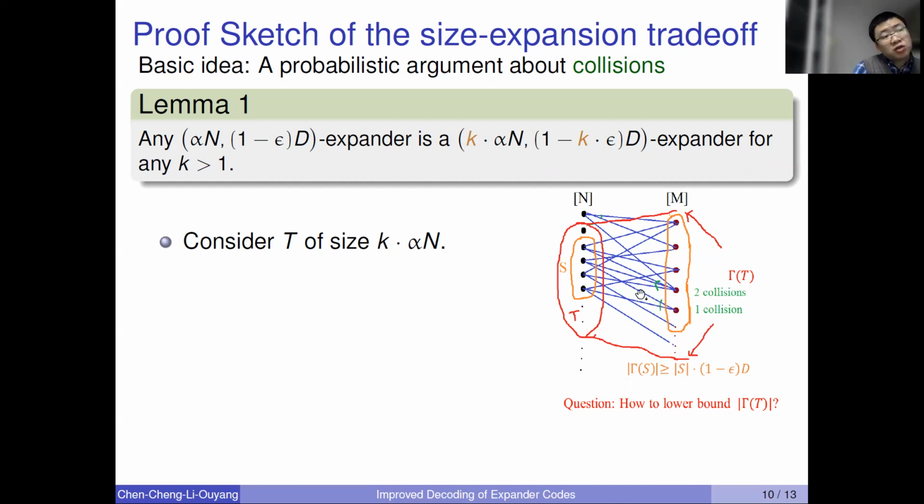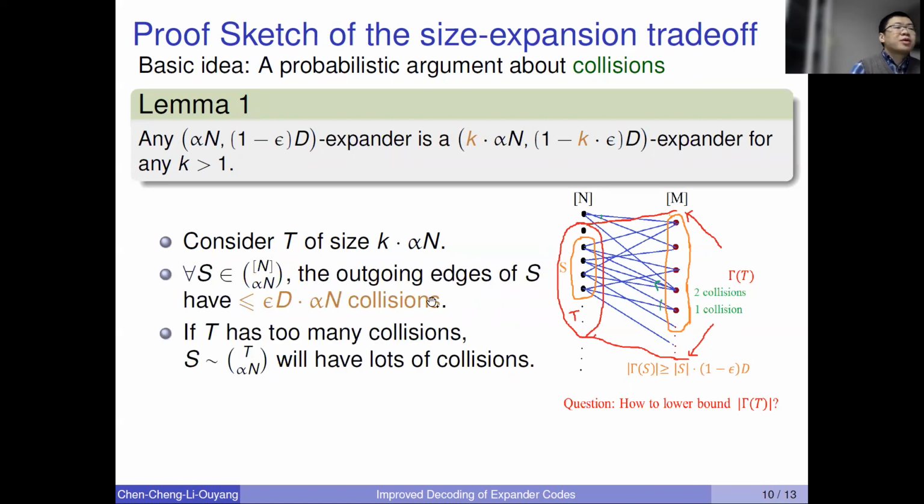Okay, so you can see for this vertex, it has two edges connected from S connected to it. So there's one collision. For this vertex, there are 3 edges connected to it. But we do not want to count it as 3 choose 2 collisions. We just want to count it as 2 collisions, such that the size of the neighbor set will be d times the size of the subset minus the number of collisions.